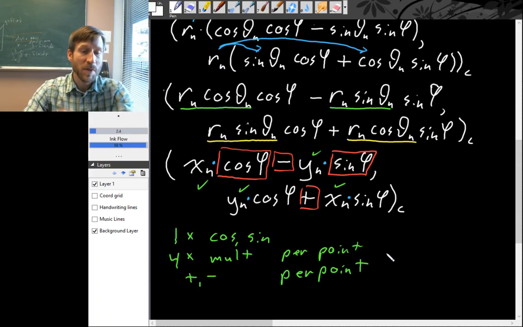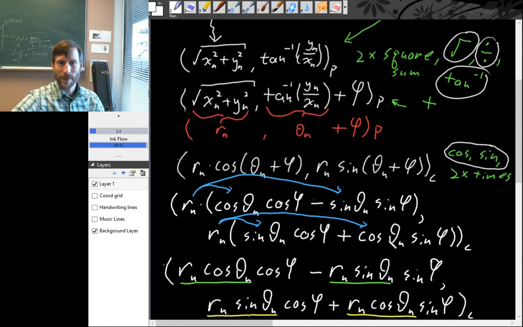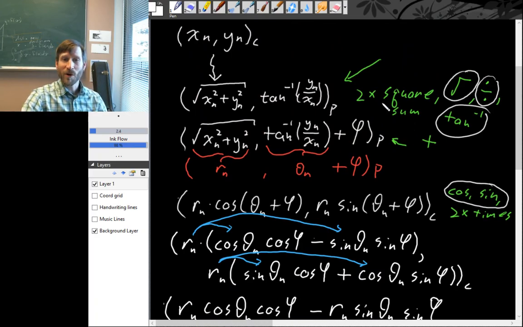Okay, so comparing this to our original idea for finding the Cartesian coordinates of the rotated point, if we just scroll up, for every point, at first, we had 2 sums, 2 squarings, a square root, a division, an inverse tangent, a sine and a cosine, and 2 more multiplications way down here. And we had to do this for every single point.